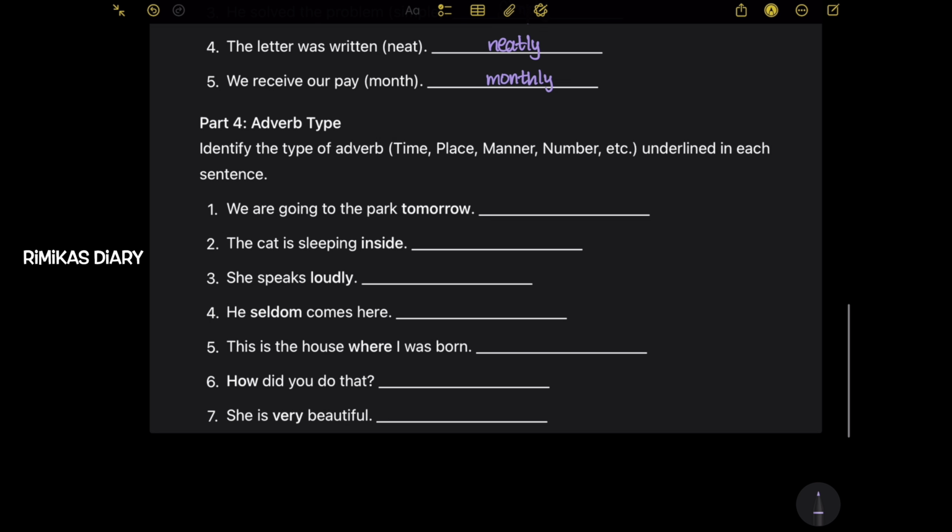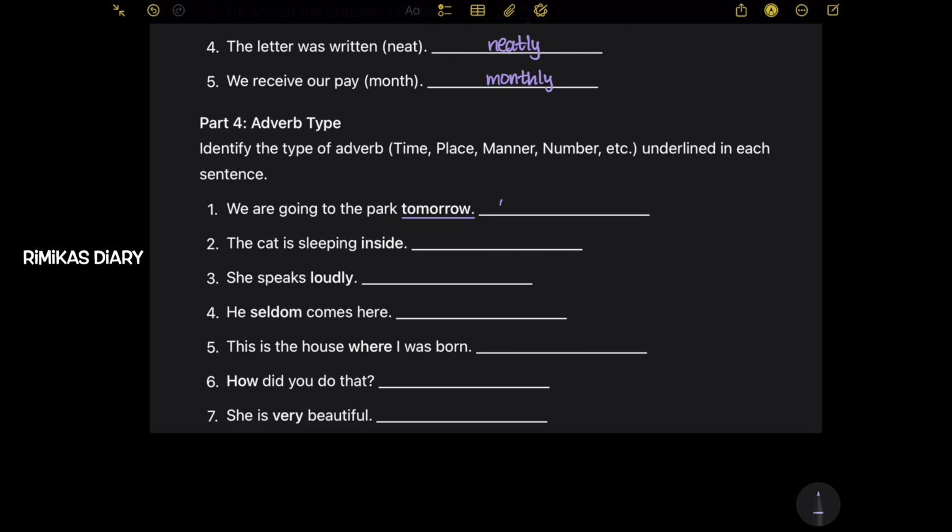Part 4, adverb type. Identify the type of adverb. Time, place, manner, number, etc. underlined in each sentence. So here, tomorrow is bolded. So in each sentence, look at the words that are bolded and then state its type.